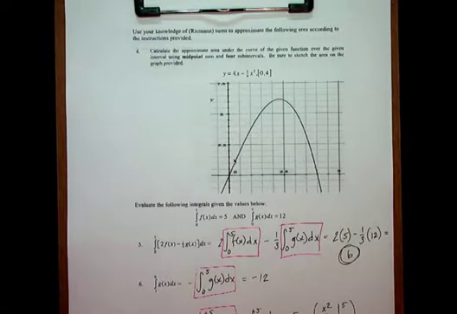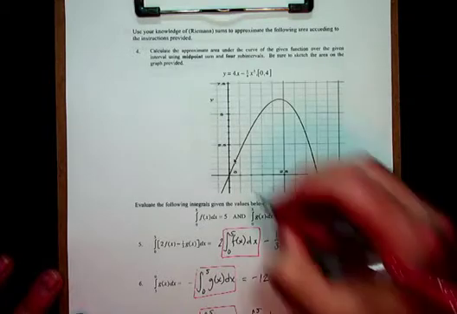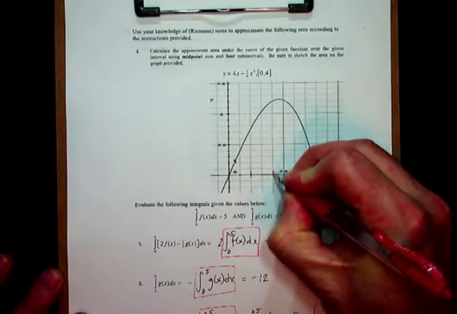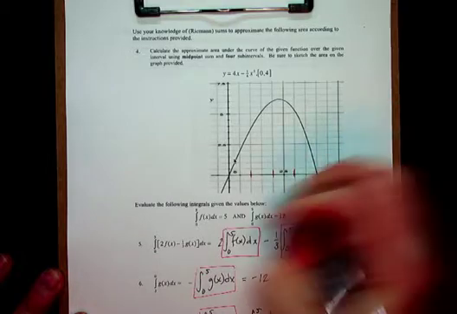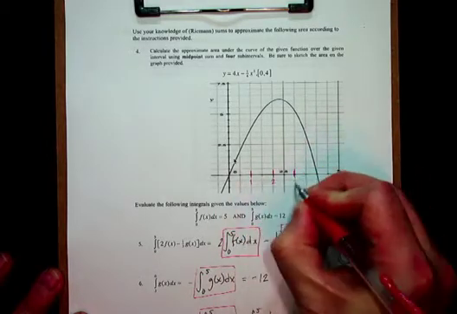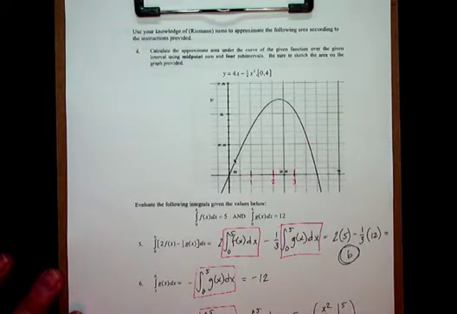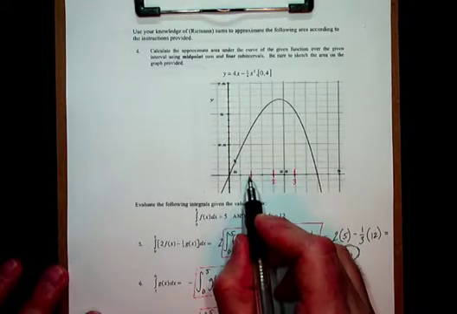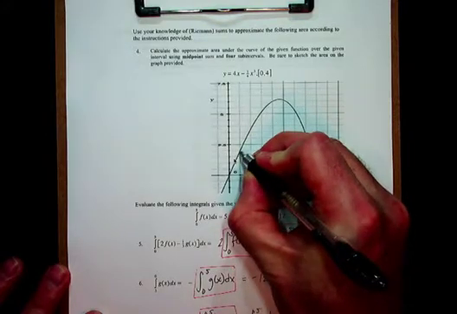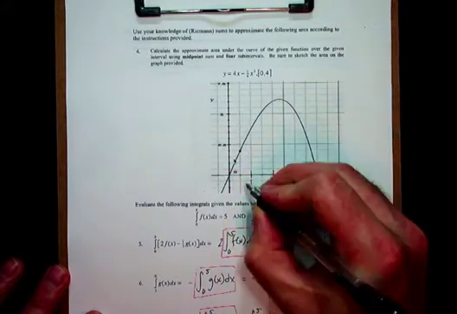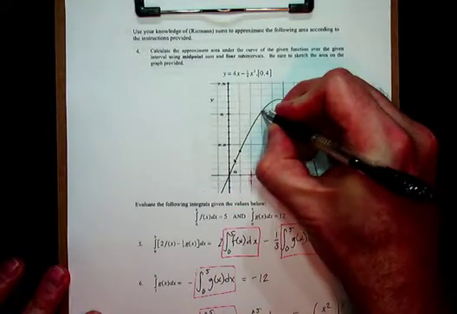Now, 4 subintervals from 0 to 4, again, we're going to be dealing with the units 1, 2, 3, and 4. And of course, the midpoints in there: between 0 and 1, the midpoint is going to be 1/2. Between 1 and 2, the midpoint is going to be 3/2.